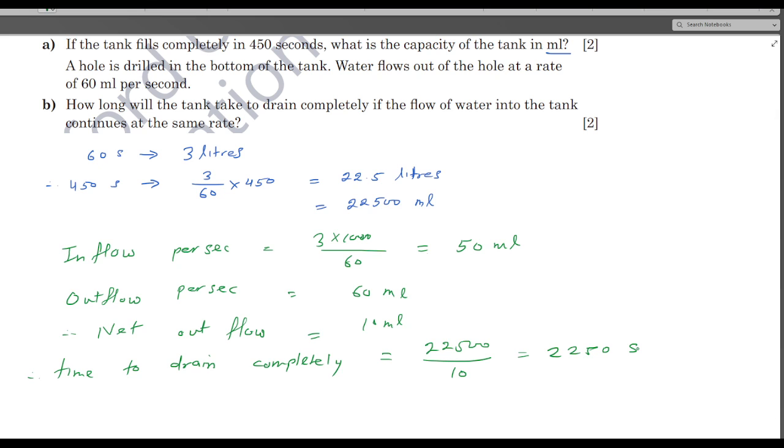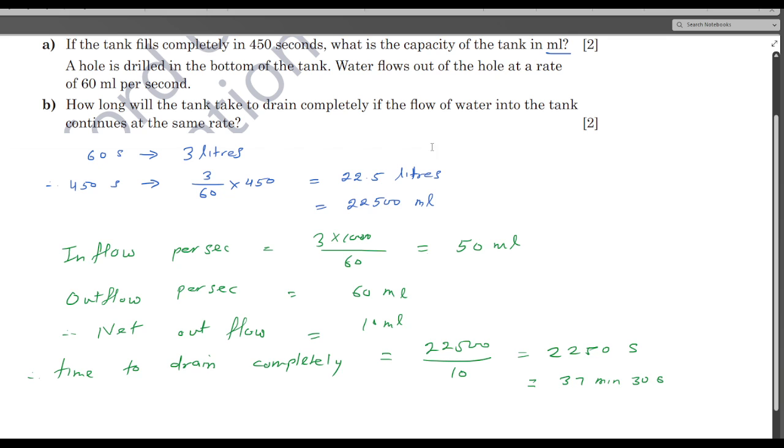If I convert this into minutes and seconds, it is about 37 minutes and 30 seconds.